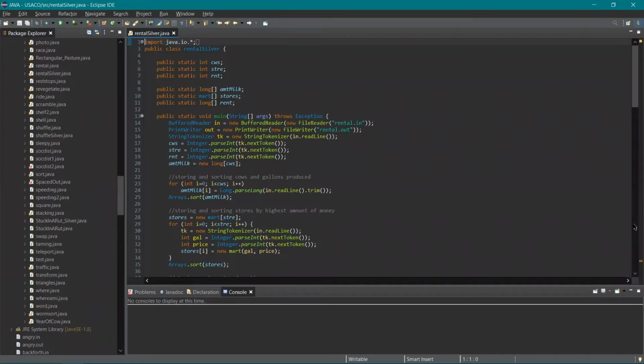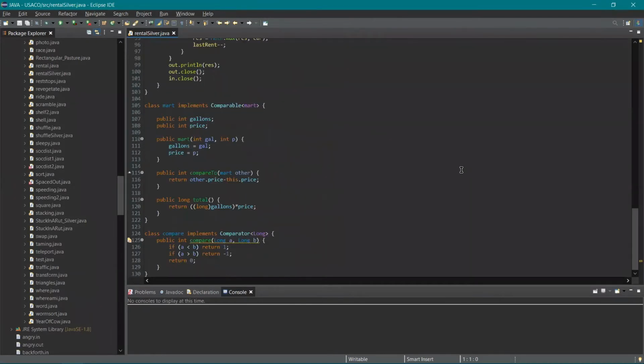And it popped up. All right, so as you can see here, we need to use a comparable here.